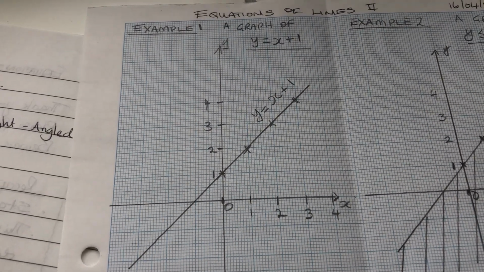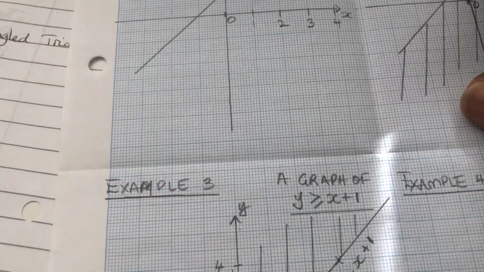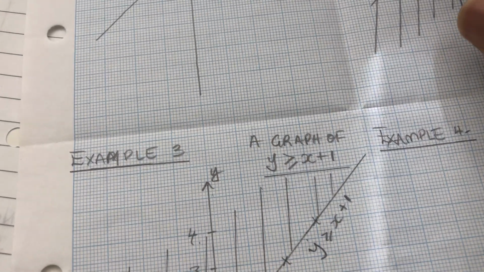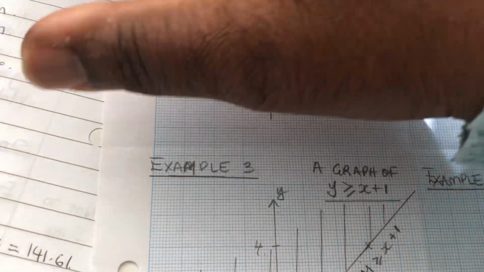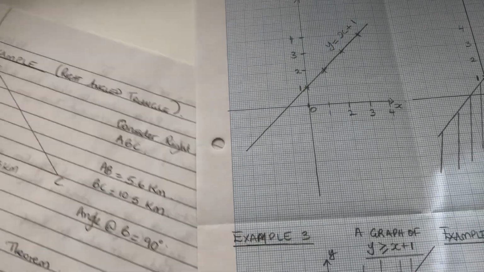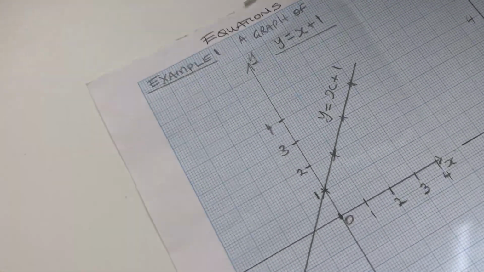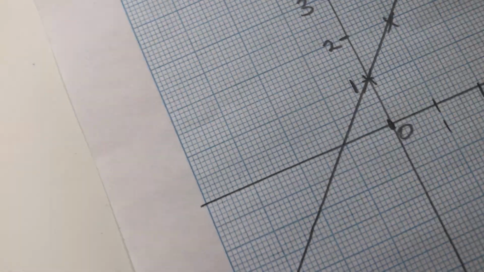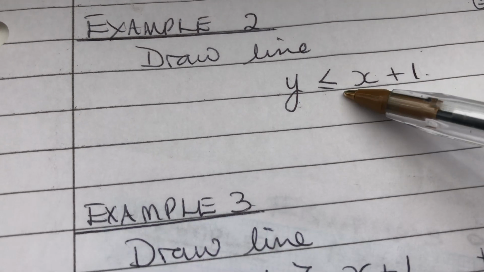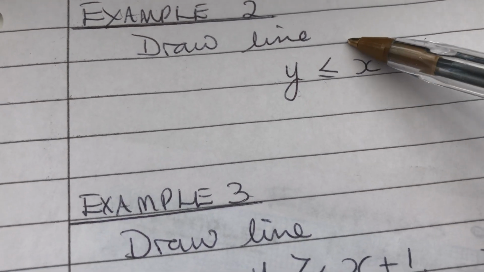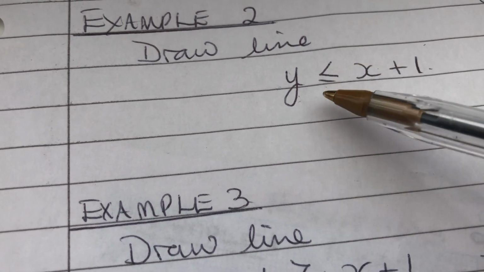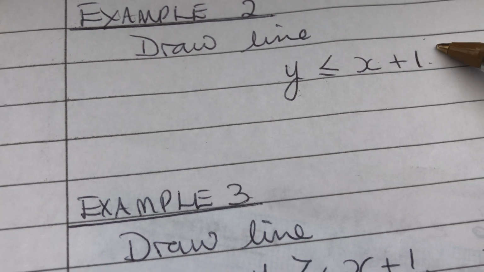the line. Okay, now the second example says we should draw the graph y is less than or equal to x plus 1.